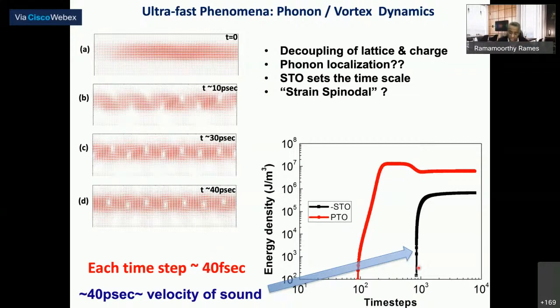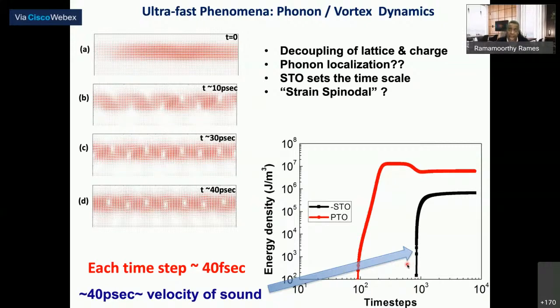Okay. And this is the summary of that calculation. If you look at the lead titanate layer, it reaches the equilibrium energy very quickly, maybe tens of picoseconds, maybe 100 picoseconds. The strontium titanate, on the other hand, takes almost 40 picoseconds, which is approximately the velocity of sound.